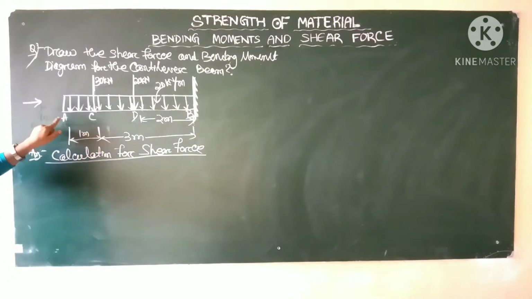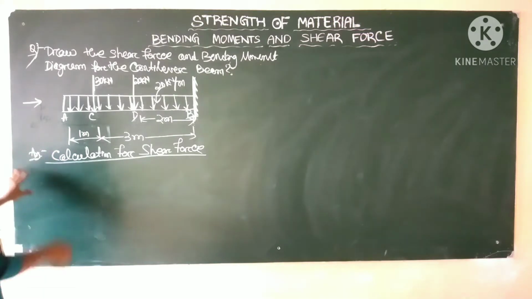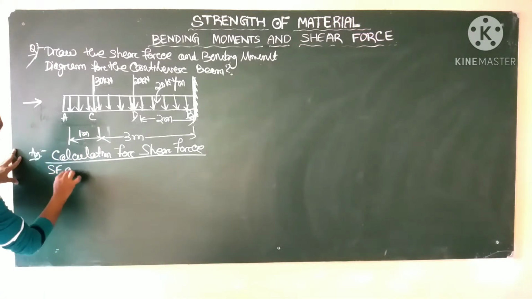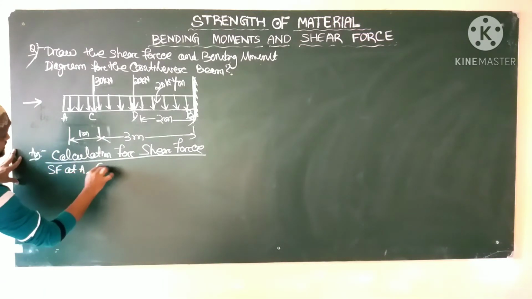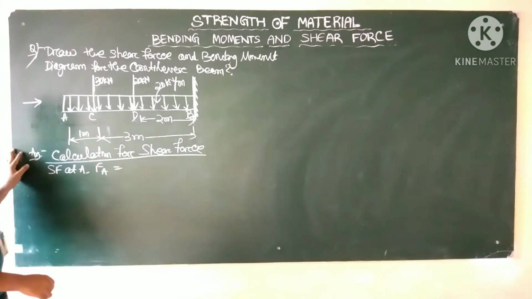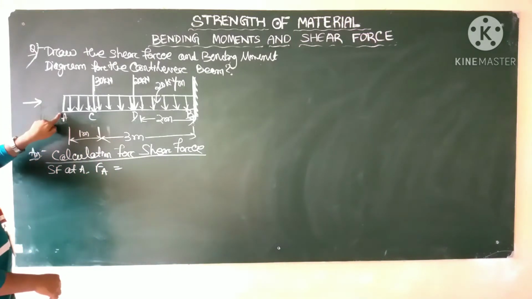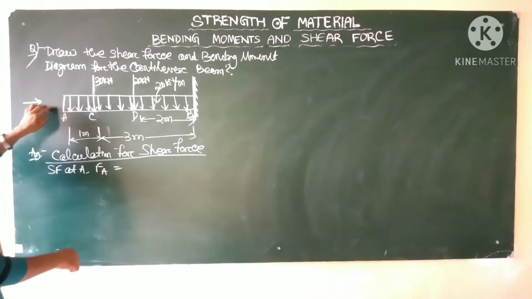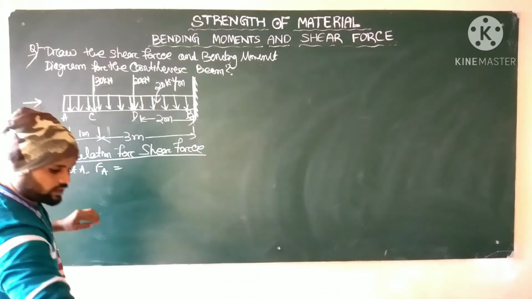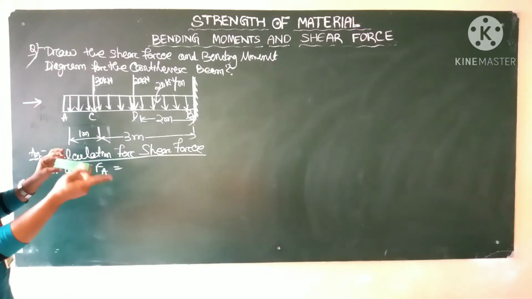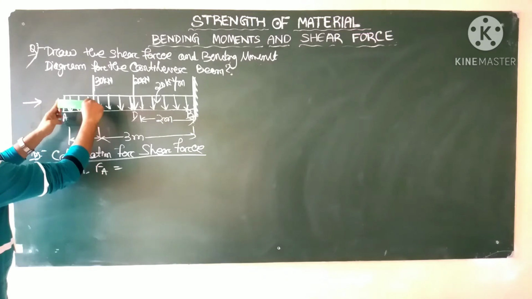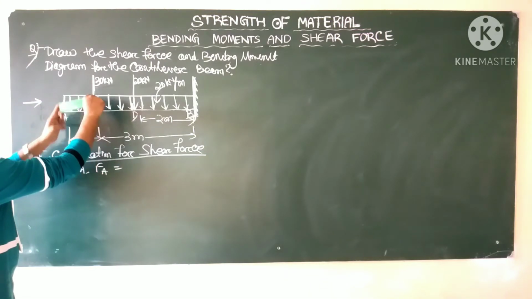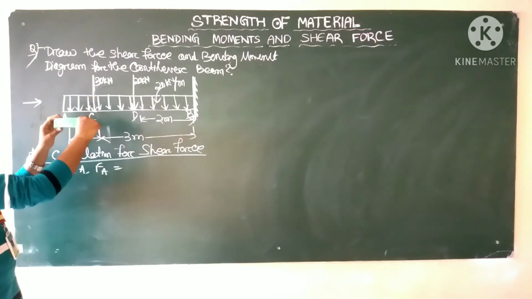So first here the free end is A, so we will start calculating from A. Now first shear force at A, we can say FA equal to, at the starting point we will see only UDL is here, there is no point load. According to sign convention, if the left hand side of the beam tends to slide downward, that means negative.